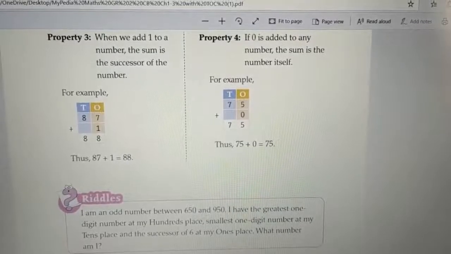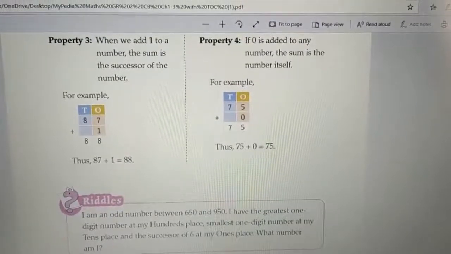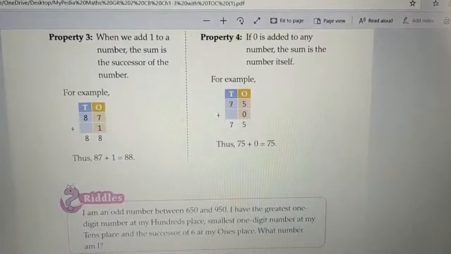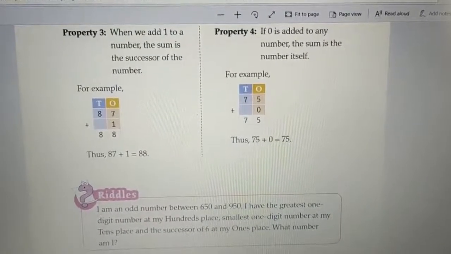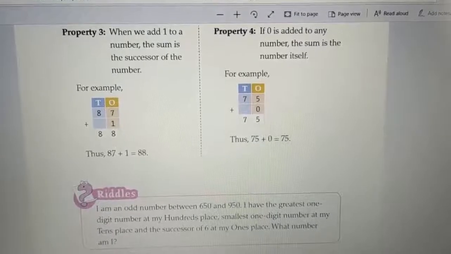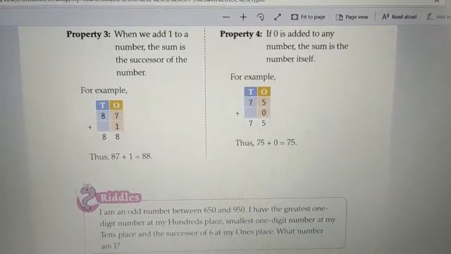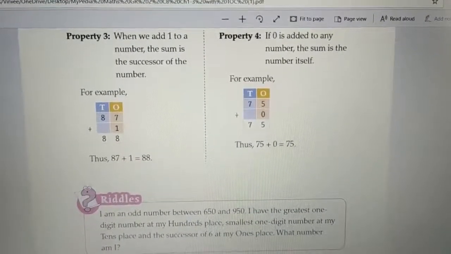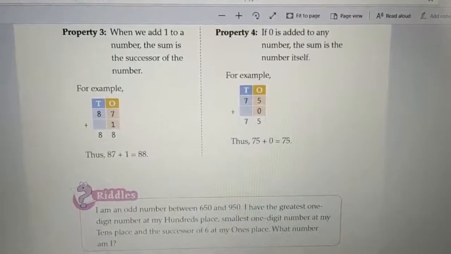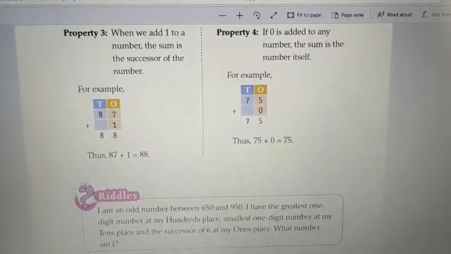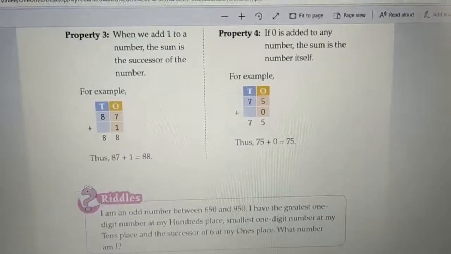Whenever we are adding 0 to a number, the answer will be the same. Now for example, you can see 75 plus 0. The answer is 75. For another example, you can take 80 plus 0, the answer will be the same. Whenever we are adding 0, the answer always remains the same.